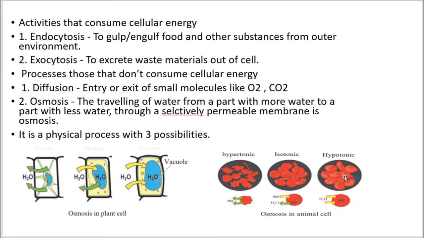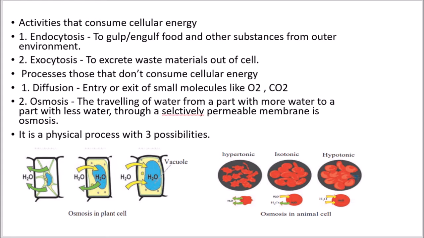Then what is hypotonic? The water is going inside or entering the cell. Here the outside water is more than inside the cell, and that is why water enters the cell, and this condition is called hypotonic condition.